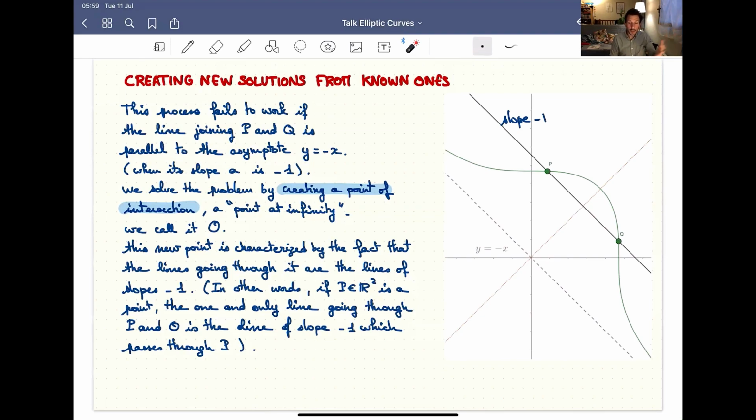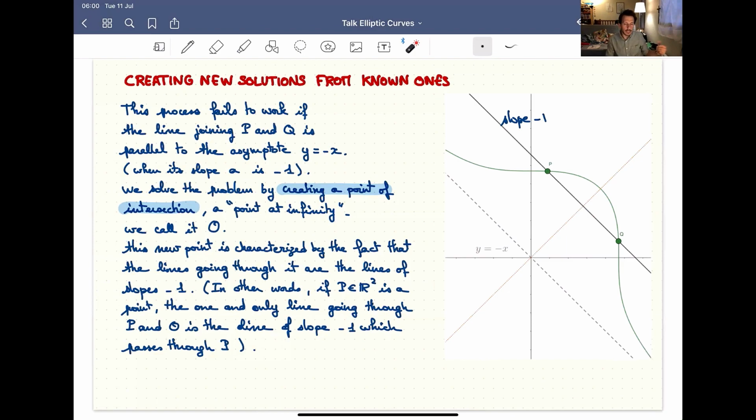And then if this is the case, well, maybe it's not very clear on the picture, but it seems unlikely that this line joining P and Q will ever cross the green curve at any other point than P and Q.